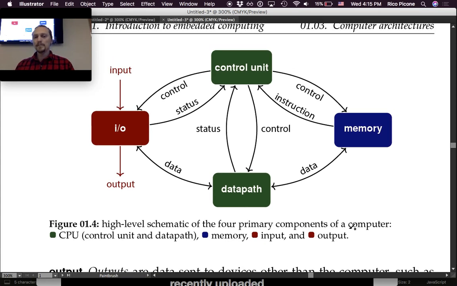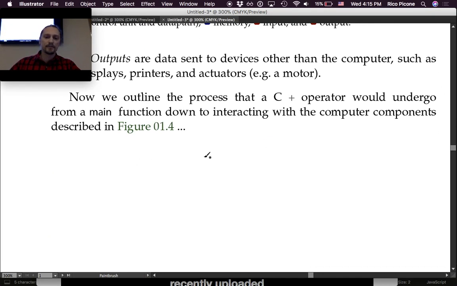So you think about C code. So like the C code plus operator. So that's happening.